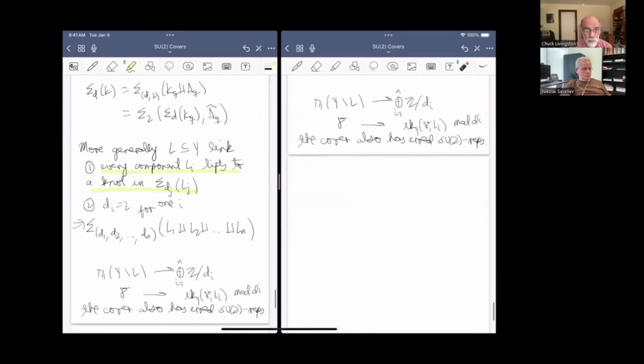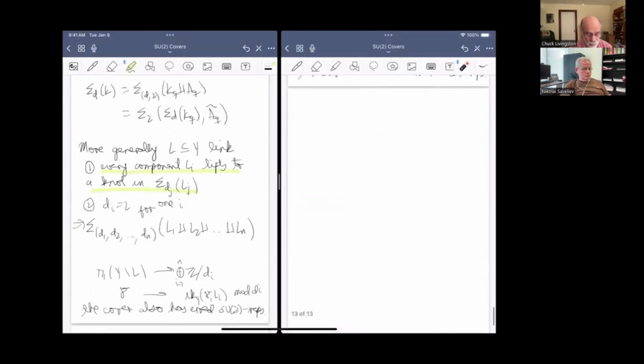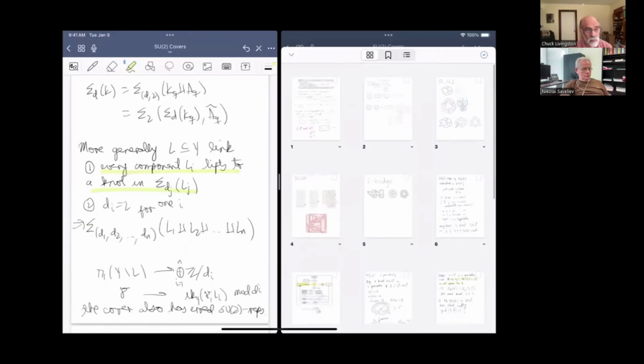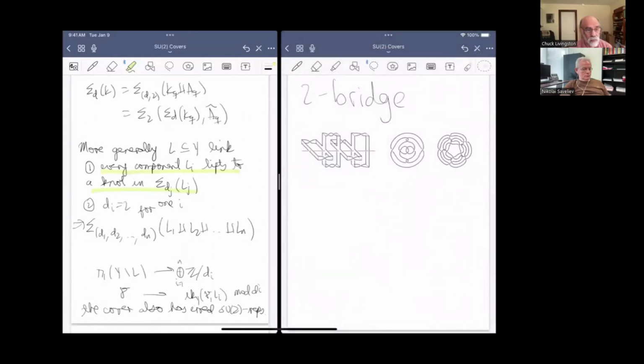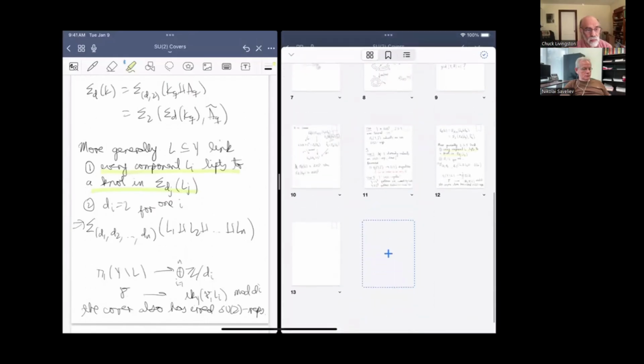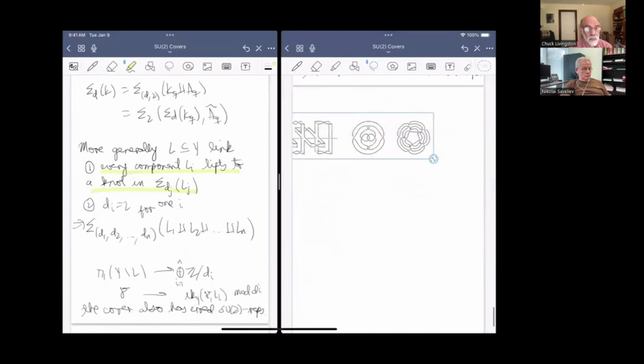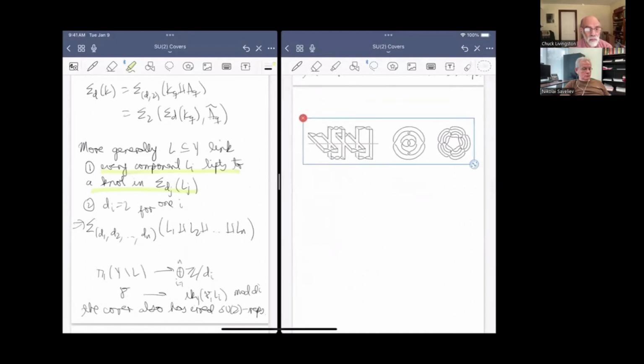Okay, and so what's an example of these types of manifolds? If I look at a two-bridge knot, any two-bridge knot is going to be two periodic, and this is an example.